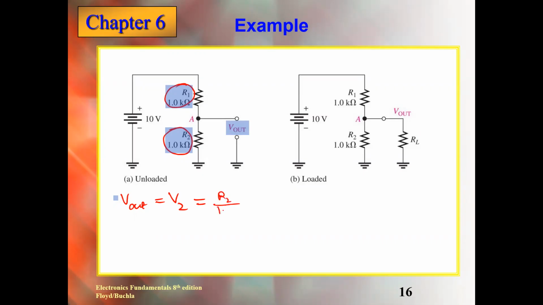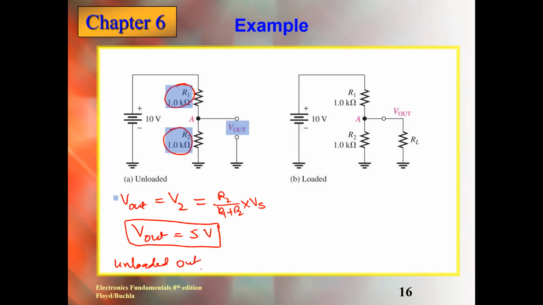R2 over R1 plus R2, multiplied by Vs. Exactly, so you got the point. V out will simply be 5 volts. Clear? This is what we call an unloaded output.